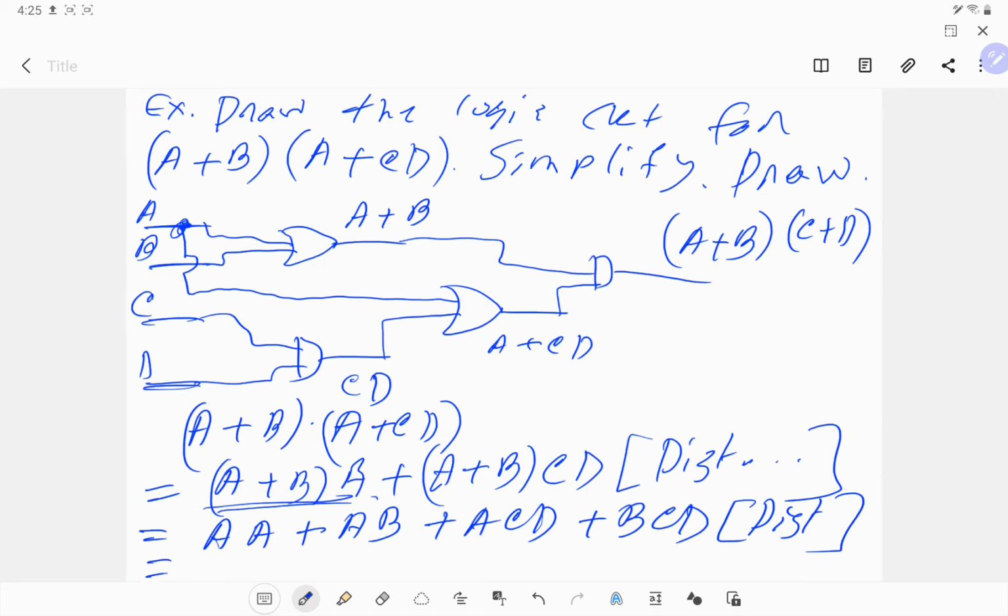Now we know that A times A equals A, so we have A plus AB plus ACD plus BCD. Okay, so now we need space. Let's create some space.